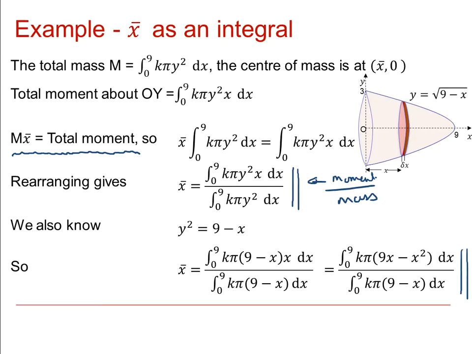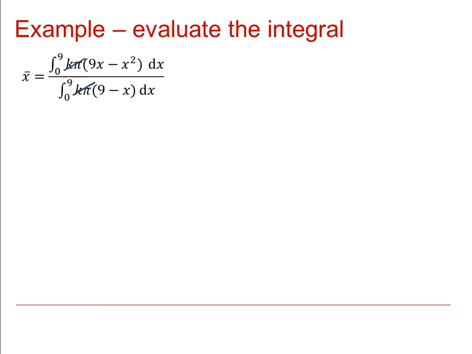As I say, we could then divide through by k pi, and so we need to evaluate 9x minus x squared dx and the integral of 9 minus x dx. Those are relatively straightforward integrals to evaluate. 9x obviously becomes 9 over 2 x squared, and then x squared becomes 1/3 of x cubed, so minus 1/3 of x cubed.